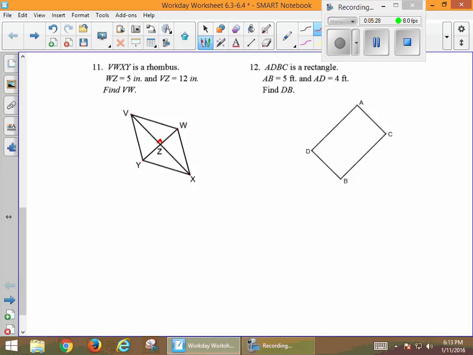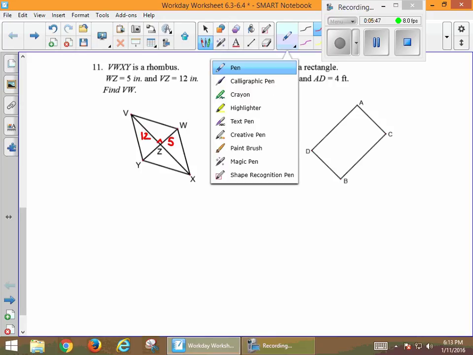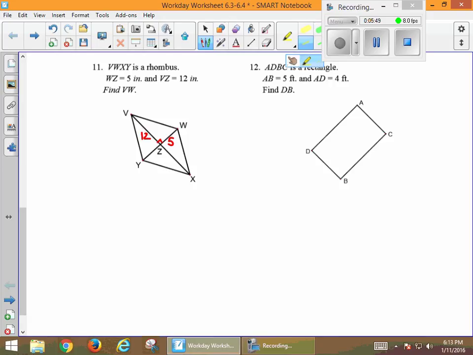We're also told that WZ is 5 and VZ is 12. Most of you are looking at this now, and I hope that you see that we do have a right triangle. We have that right triangle right there.